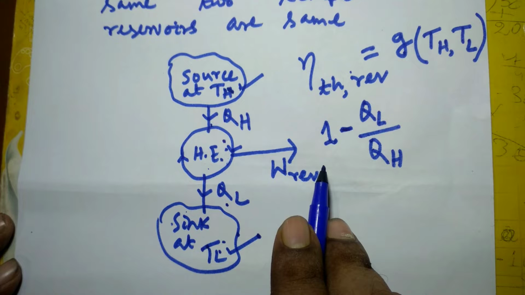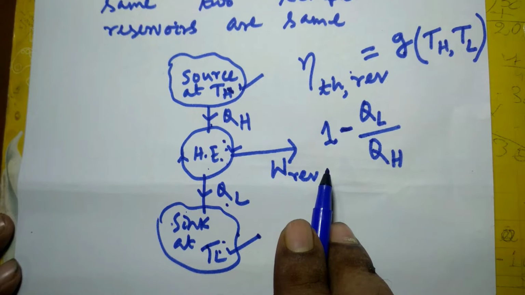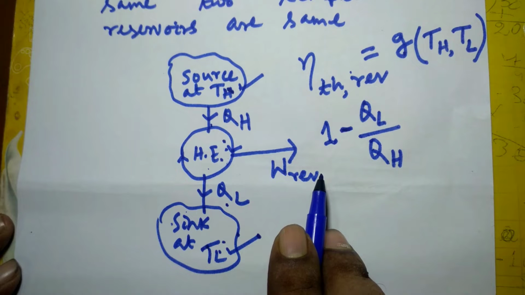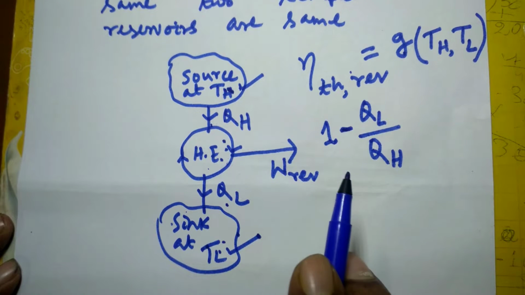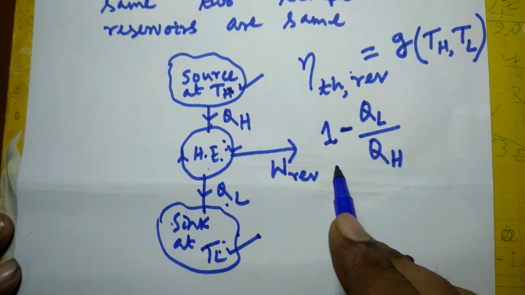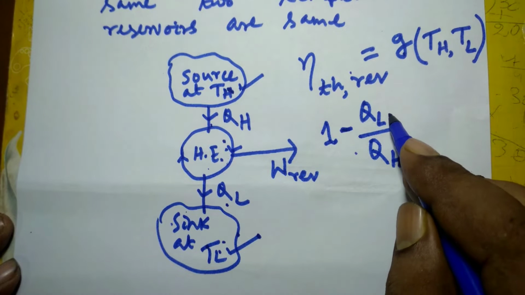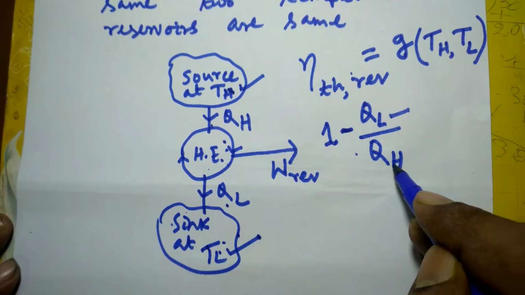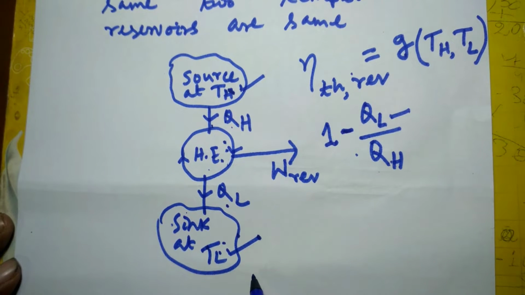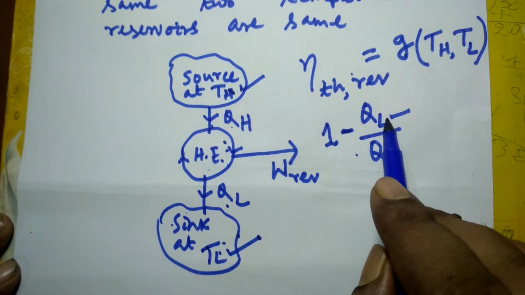Because the efficiency of any cyclic heat engine is net work output divided by heat supplied, and from the first law we can also find that the efficiency of any heat engine is 1 minus heat rejected divided by heat added. Here the heat supplied is QH, and QL cannot be 0.